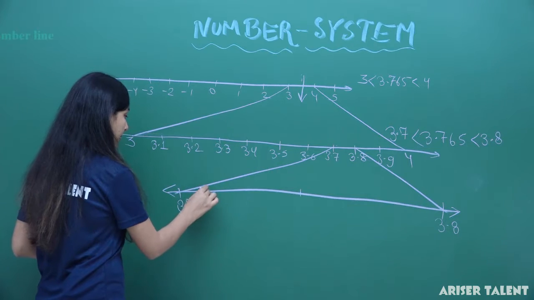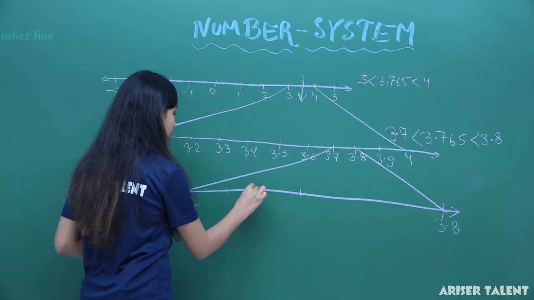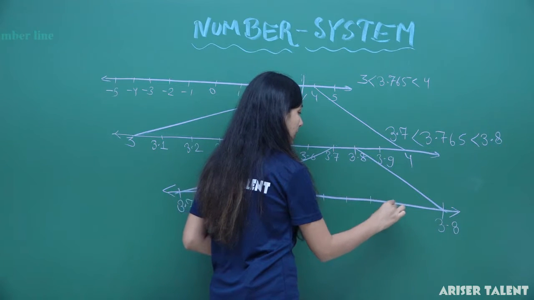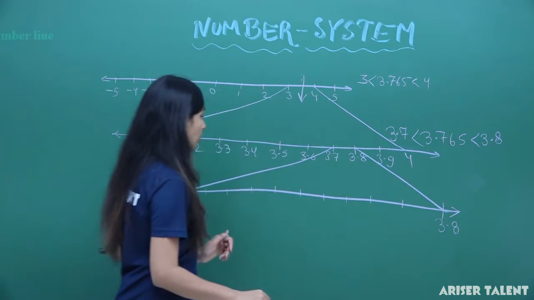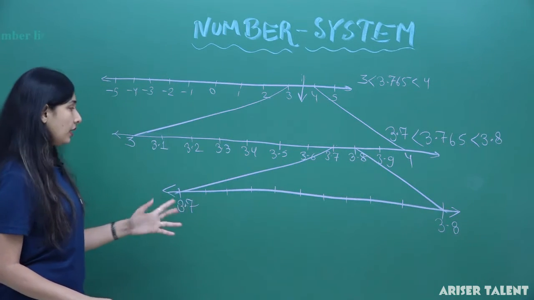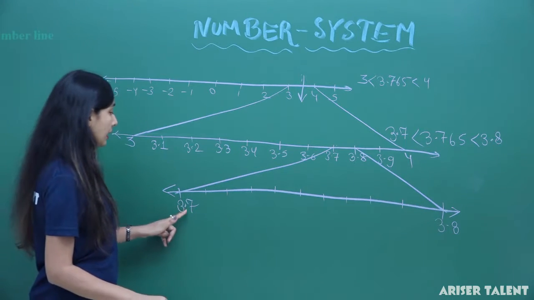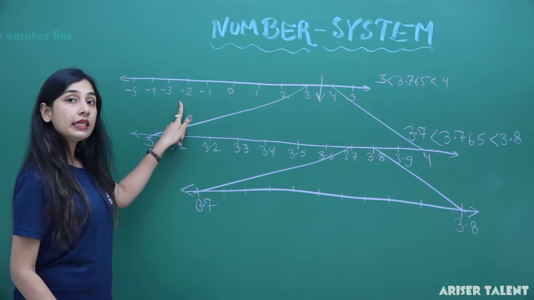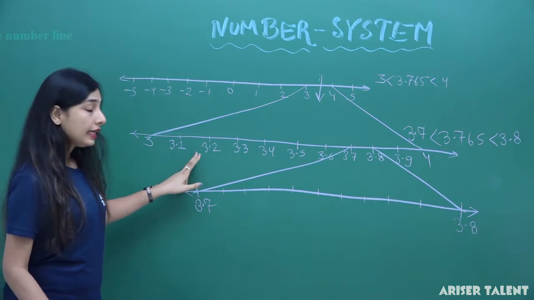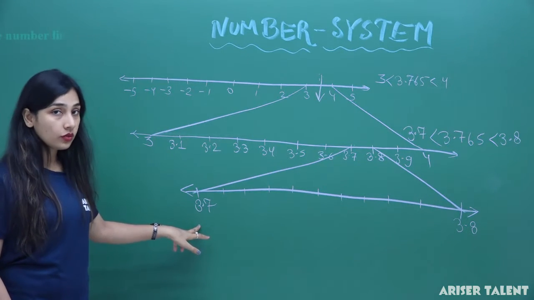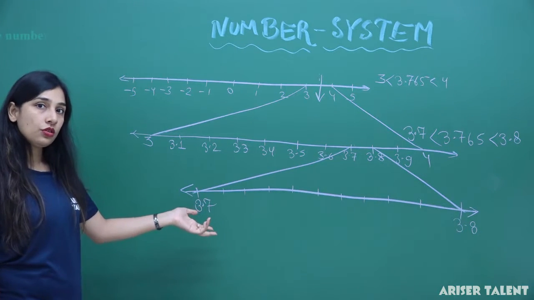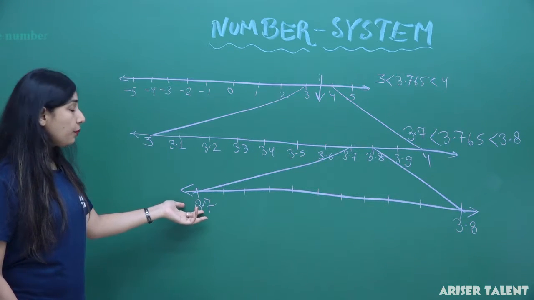Now I am having the middle somewhere right here. Okay, so there will be 1, 2, 3, 4, 5, 6, 7, 8, 9 and then 10. So 10 divisions as usual. Here the difference was 1, then 0.1, here the difference will be 0.01 obviously. So 3.7 plus 0.01 will be 3.71.